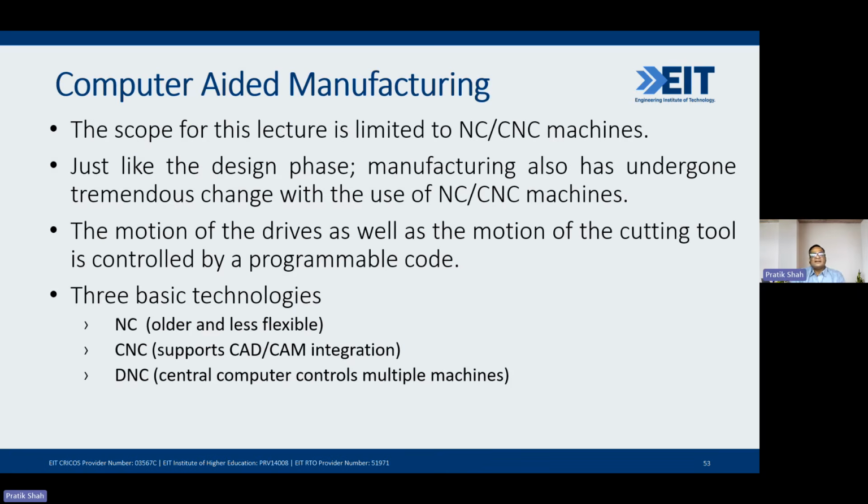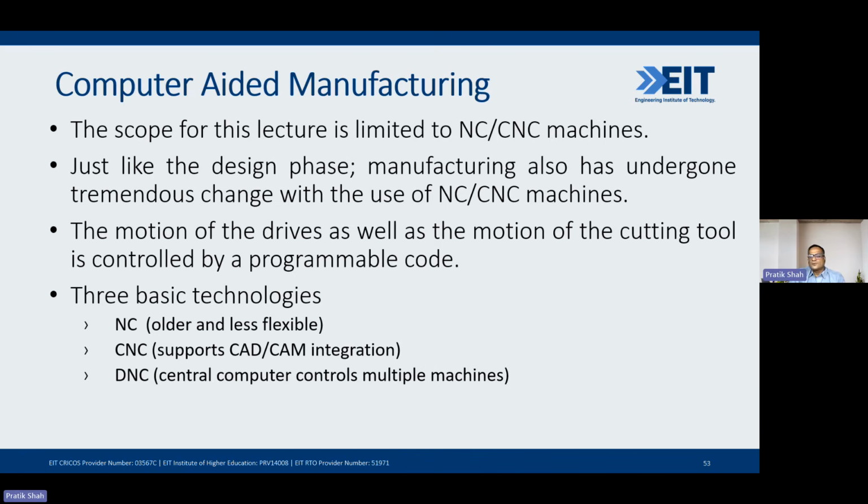When we talk about computer-aided manufacturing, it is very important to talk about two basic machines, that is NC and CNC. NC stands for numerically controlled machine, while CNC is computer numerically controlled machines. NC is now more or less obsolete because it was older and less flexible. NC and CNC, the only change is the C, that is computer numeric control.